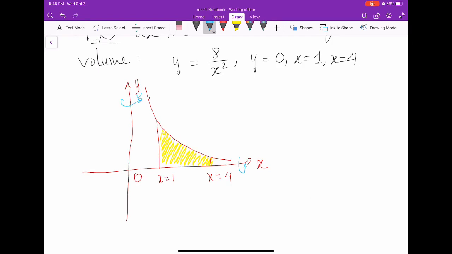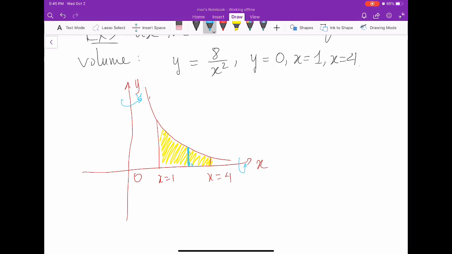The difference between this method and the shell method is this: if you use this method, your cut, I say this is the cut, is perpendicular to the axis of rotation. So if you revolve about the x-axis, your cut is perpendicular to the x-axis, and you use this method.